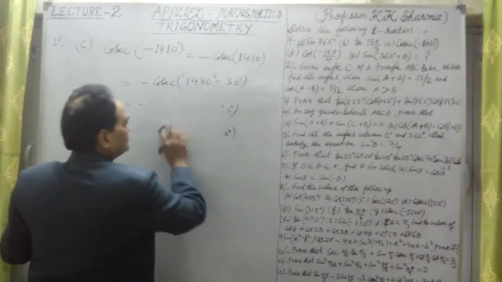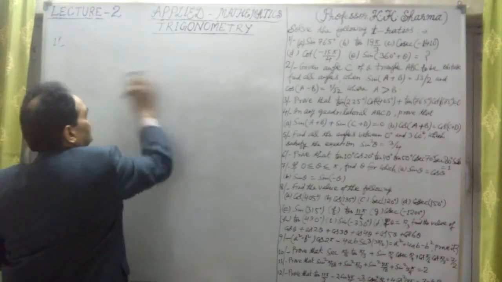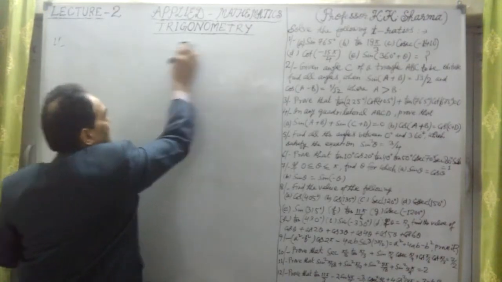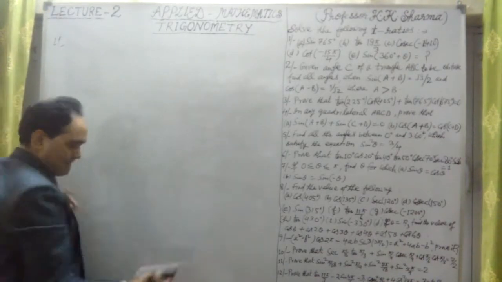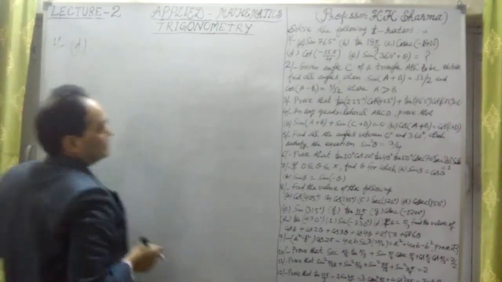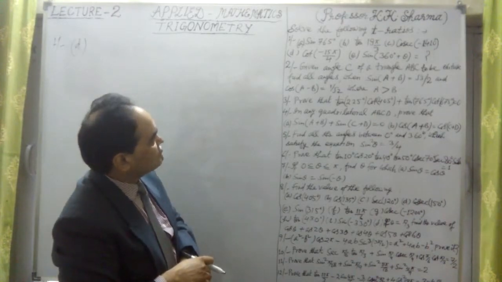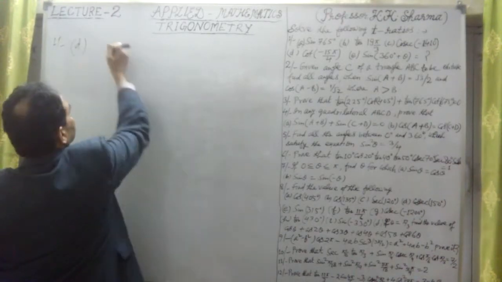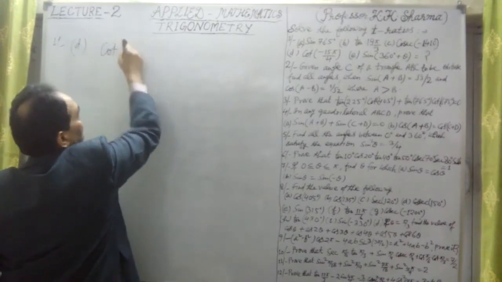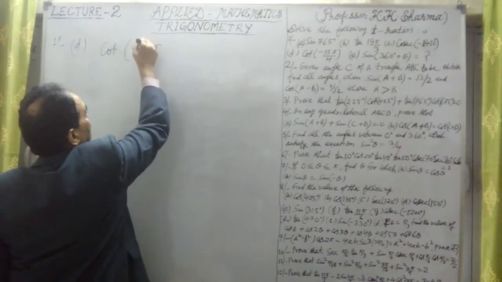Now let me talk about the next part, the D part of question number 1. What does the D part say? It says cot of minus 15 pi by 4.